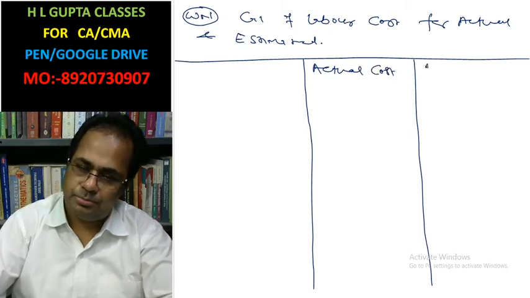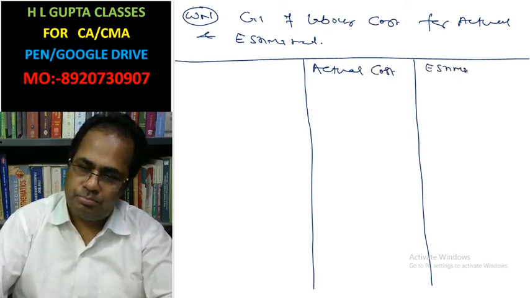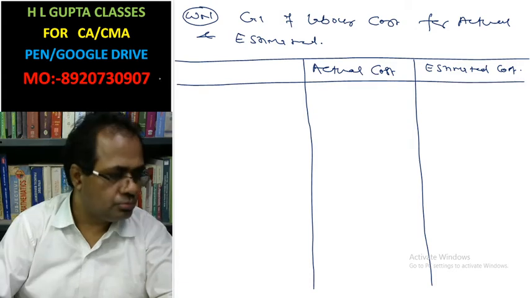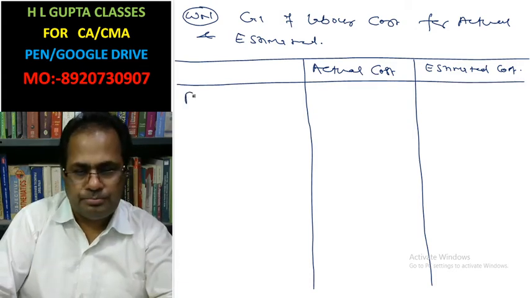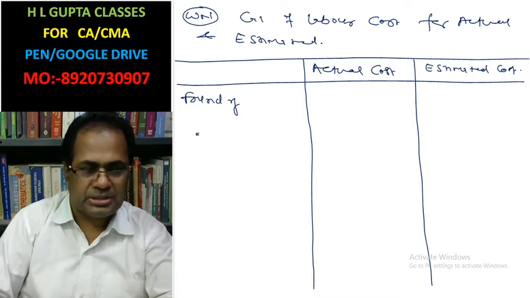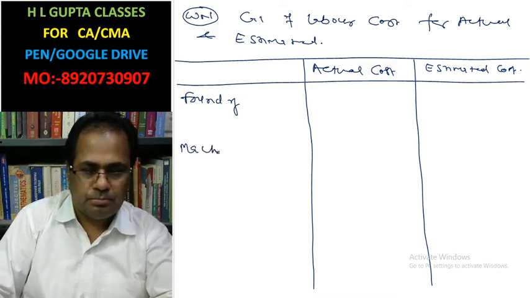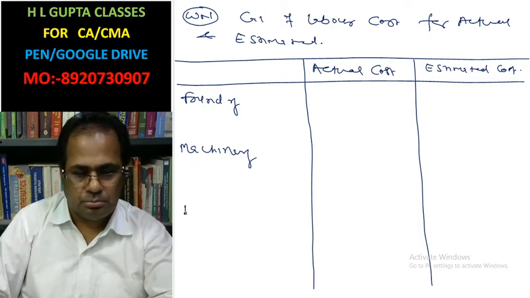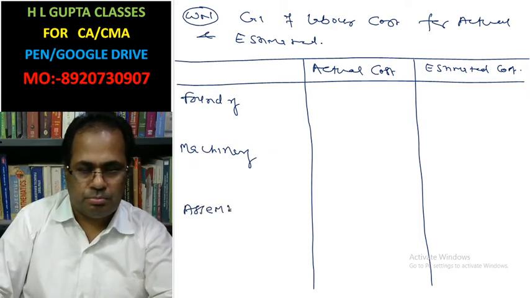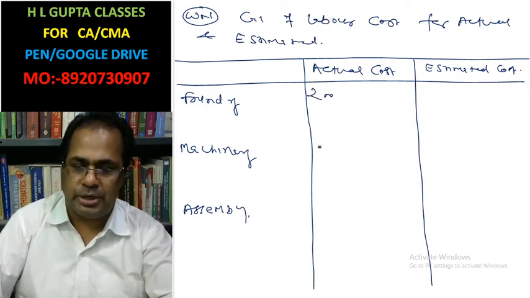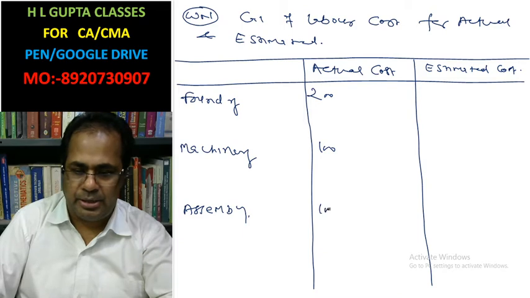Foundry, machinery, assembling. Actual labor hours are 200, 100 and 100.